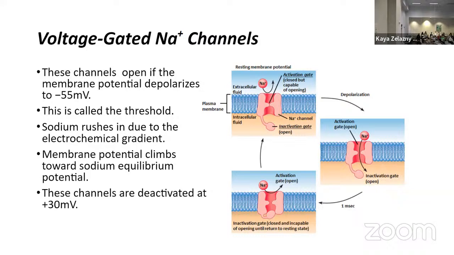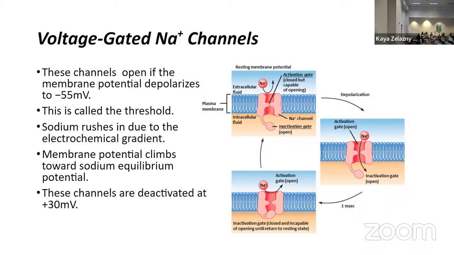If we get to -55, that's like the on switch for our sodium channel. Big picture, voltage-gated sodium channels open at -55, which means lots of sodium can come in, and our membrane potential rapidly depolarizes. We shoot way up when we open voltage-gated sodium channels.